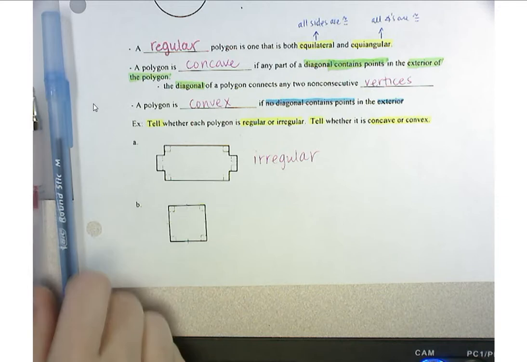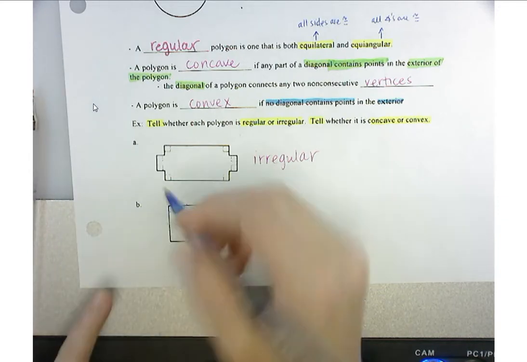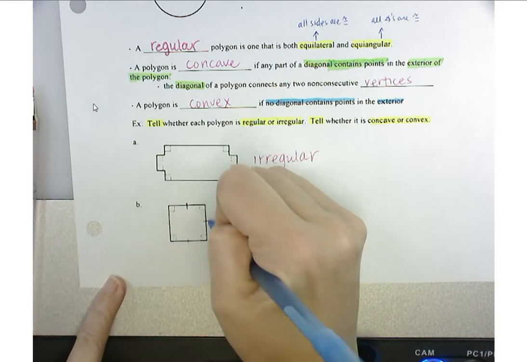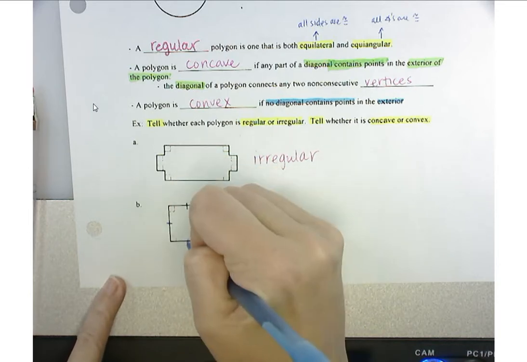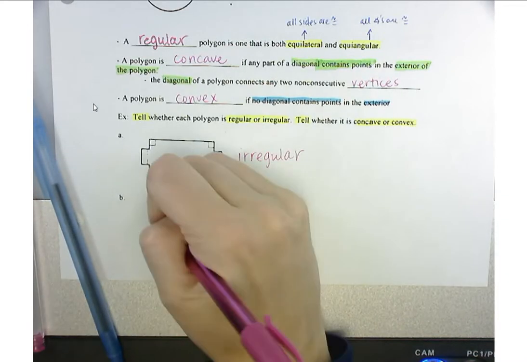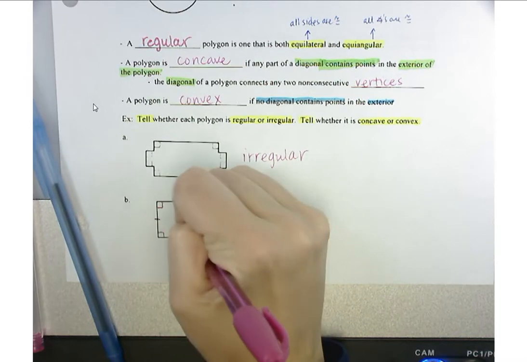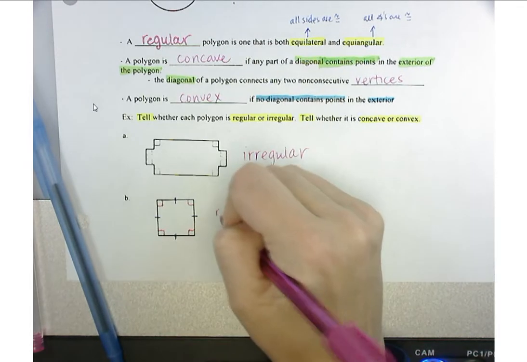Yes, and you're not assuming that. You can tell all the sides are the same because you have the tick marks, right? So all the tick marks are marked the same. Okay, all of the angles are the same. Again, we're not assuming, those are marked for us. You can see they're all marked as right angles. Okay, so this would be regular.